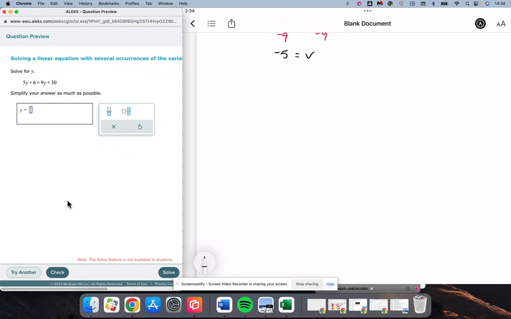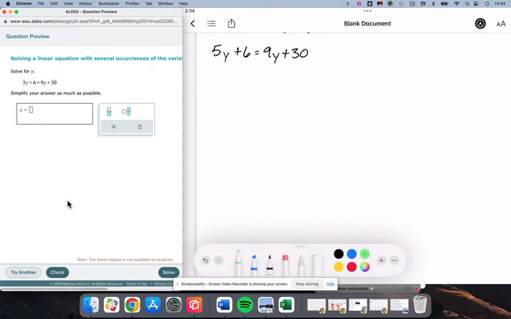We have 5y plus 6 is equal to 9y plus 30. Now again, I have options here. I'm going to choose what's going to work best for me. I could choose to subtract 5y. I could choose to subtract 6.